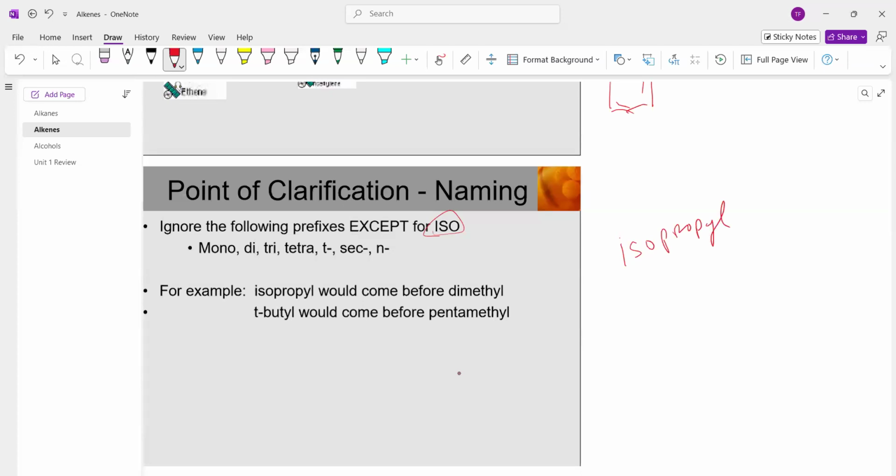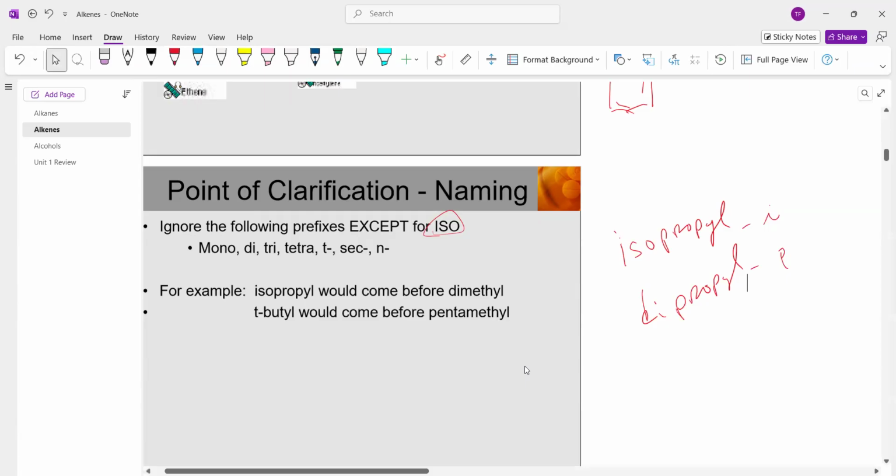So isopropyl begins with an I. Dipropyl is a P. So this is an I, this is a P. In terms of alphabetizing, when you're putting your branches off the carbon backbone in order.